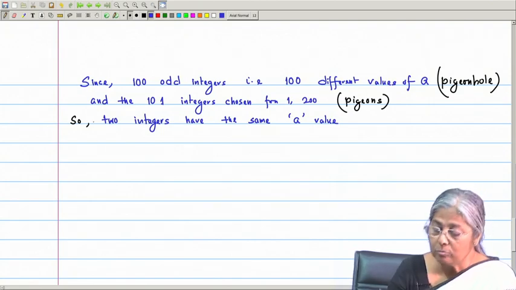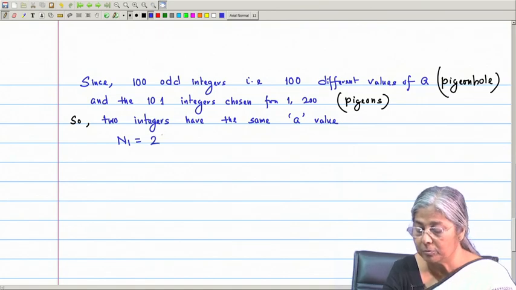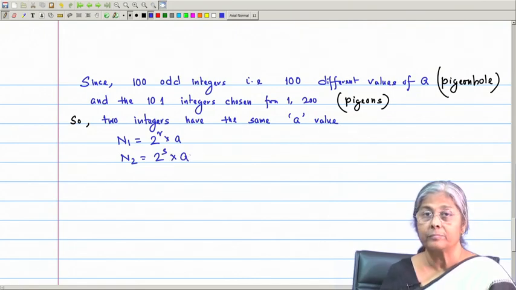And those two numbers we have taken, n1 equal to 2^r * a and n2 equal to 2^s * a.